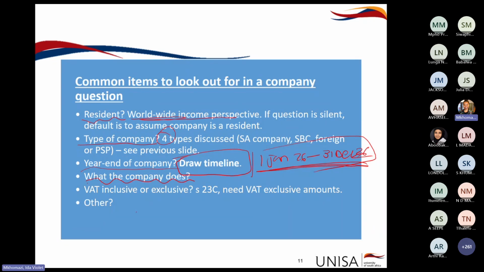And for this one, what I mean is you need to have an understanding of what the company does. This will assist you as you are reading to get an idea of which capital allowances you need to claim. So you might find that the company is probably leasing, or it might be a company that's involved in the generation of renewable energy.